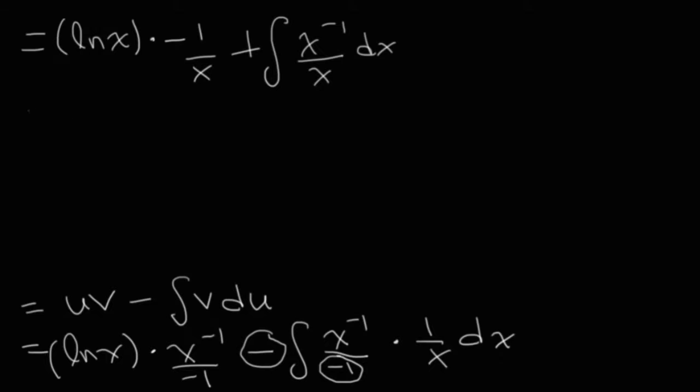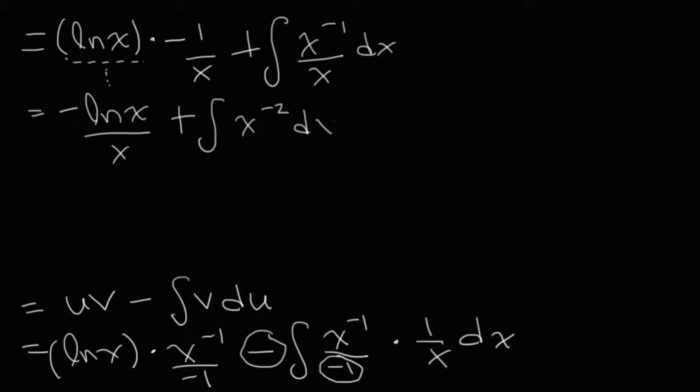At the top here, the minus comes to the front, so I'm going to get minus ln of x over x, because you could look at it as ln of x over 1 and just do fraction multiplication straight across. And then this is plus, and now this is exponent subtraction, so we're doing negative 1 minus 1, so we're getting x to the negative 2 dx.